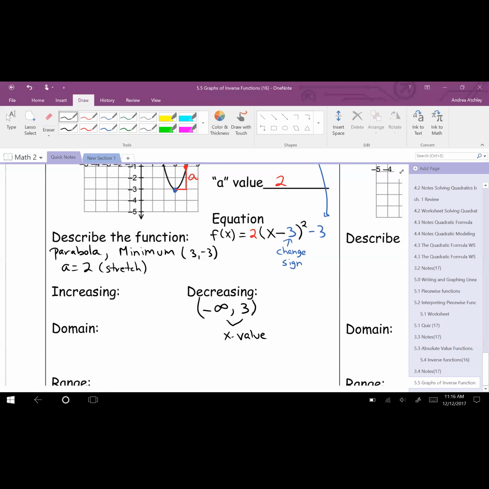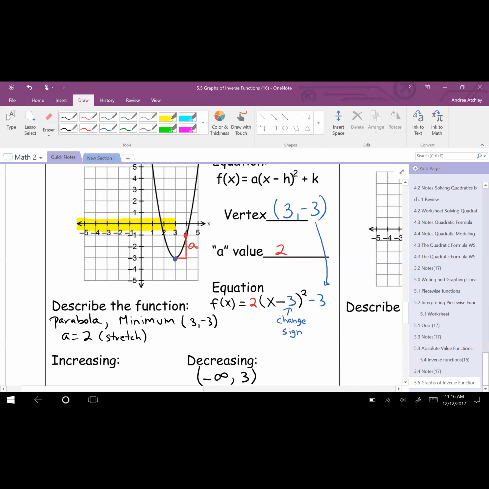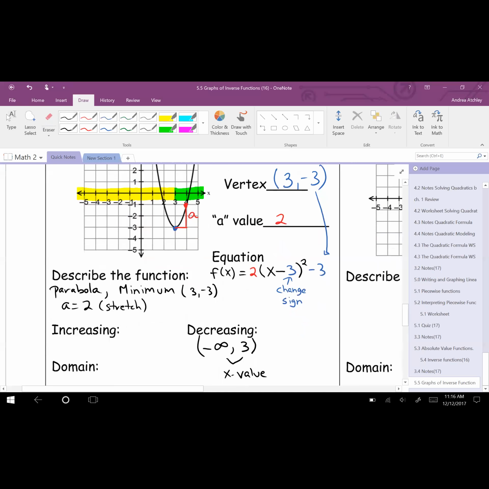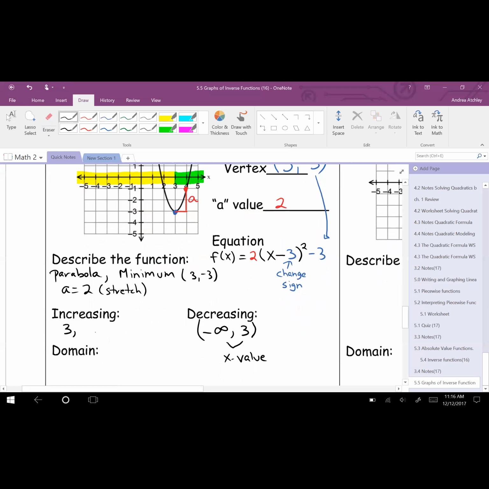Okay, increasing. So now, after I hit 3, I'm going to change directions, and now I'm going to start increasing as I'm moving from left to right. So this is going to be at 3. I'm going to start at 3 now, and then I'm going to go to positive infinity, forever increasing.